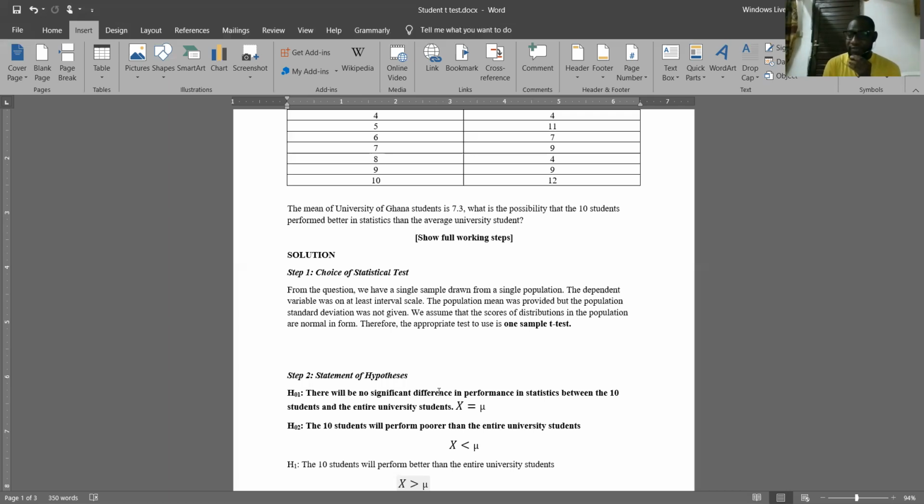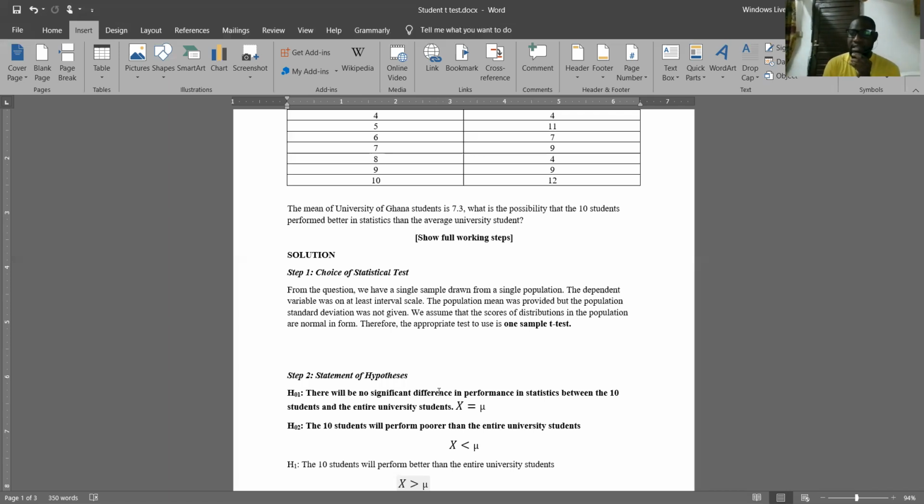So when they put it in this fashion, what they are telling you is that any of the groups could perform better or poorer than the other. So they haven't really been specific about which group will perform poorer or better. They're just saying definitely there will be a difference between them. One will perform better than the other, but they don't know which group.